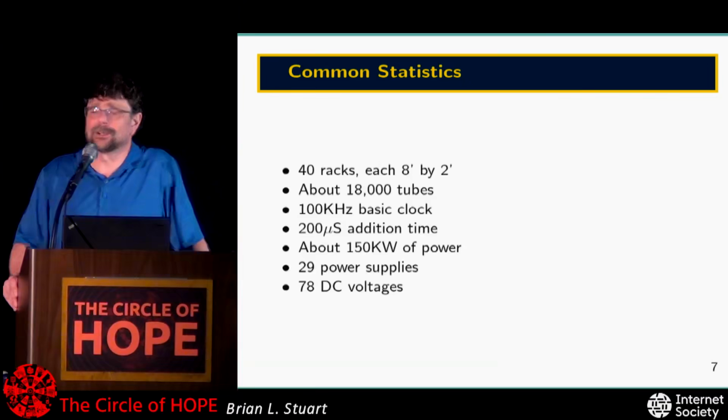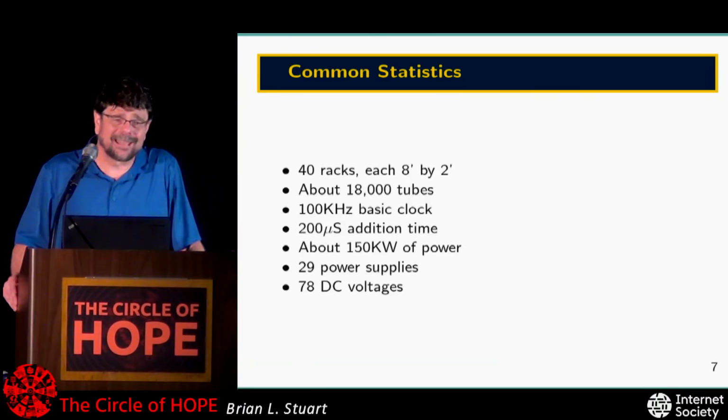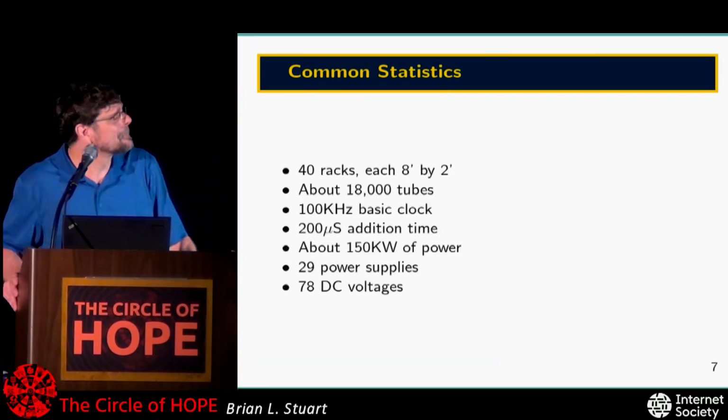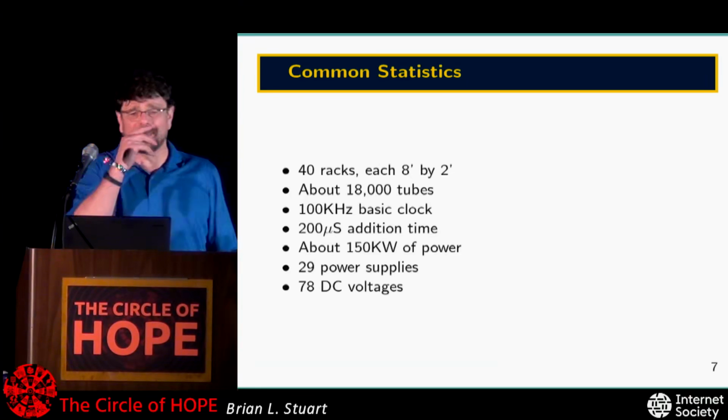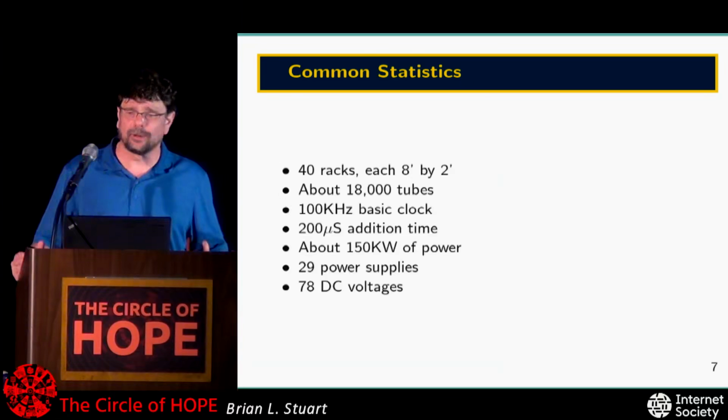It had a 100 kilohertz basic clock. To put that in perspective, that is 10,000 times slower than a 1 gigahertz clock. Now, that clock took 20 cycles to carry out an operation.